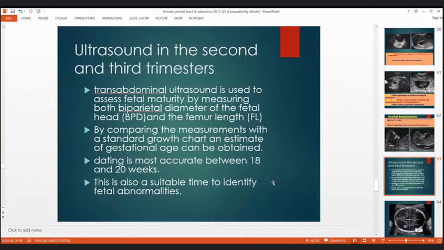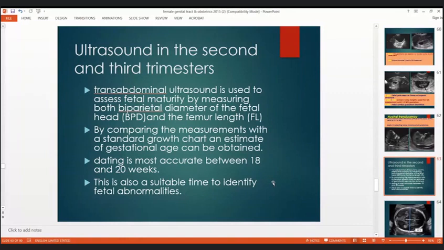So ultrasound in the first trimester is used to confirm the presence of a pregnancy and is used in establishing the chorionicity and the amnionicity of twin pregnancies.